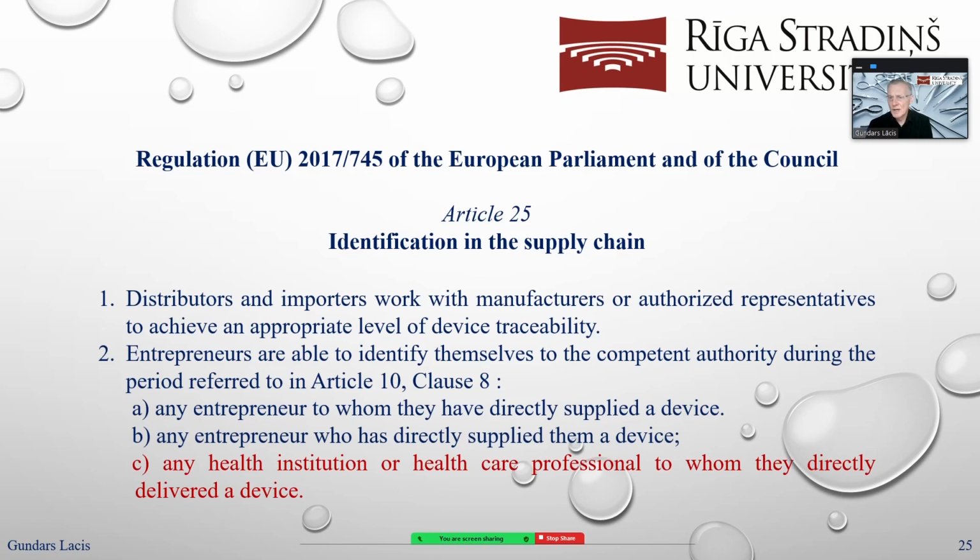Article 25, identification. Point 1, point 2, okay, but in point 2 it's quite clearly written that any health institution or healthcare professional must be identifiable, and it must be shown who delivered devices to them.